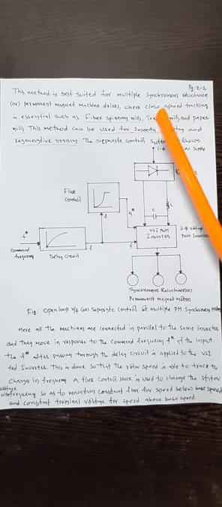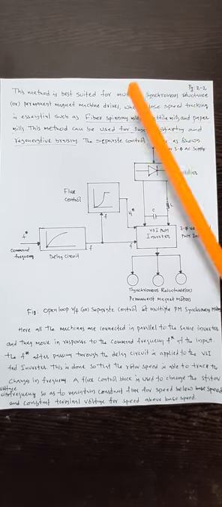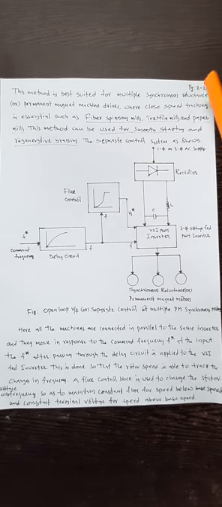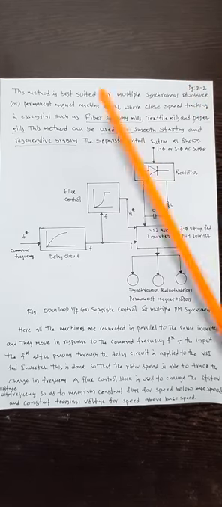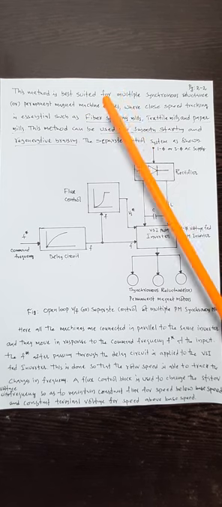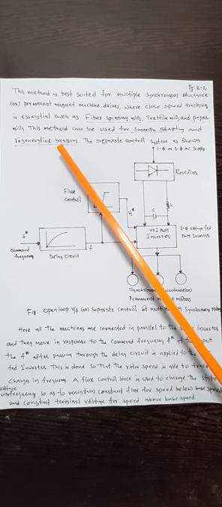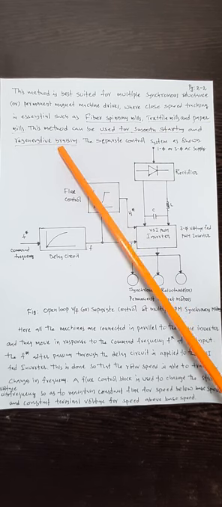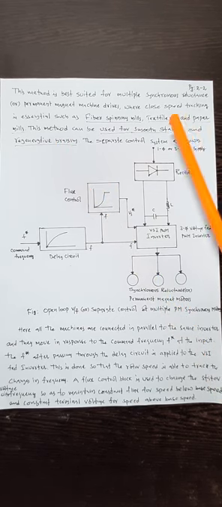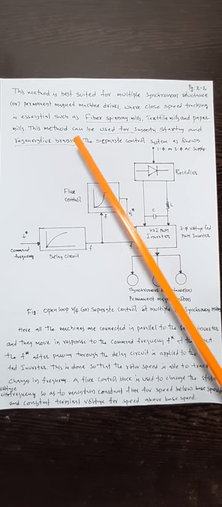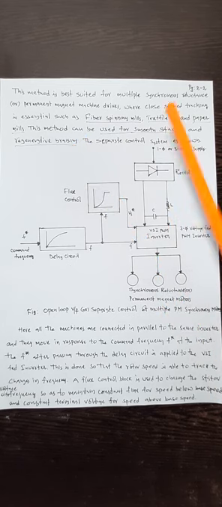So this is best suited for applications where close speed tracking is essential, such as fiber spinning mills, textile mills and paper mills. This method can also be used for smooth starting and regenerative braking operations.